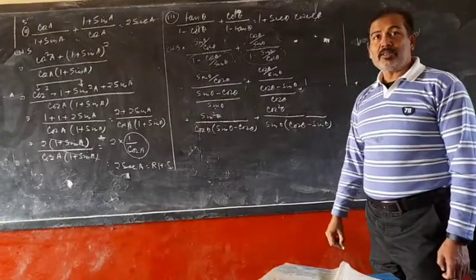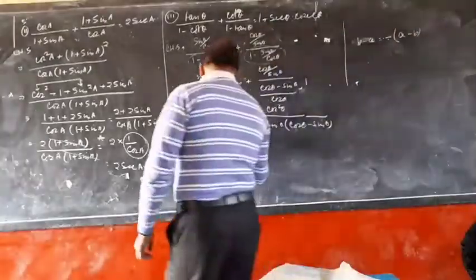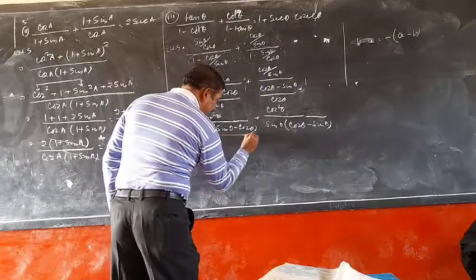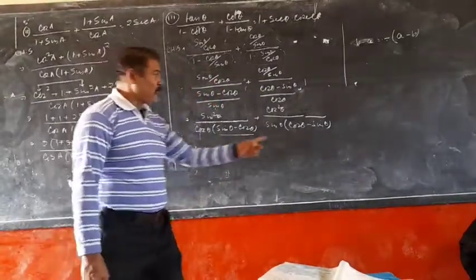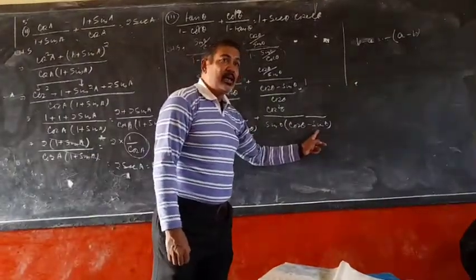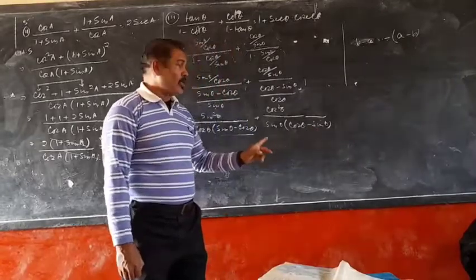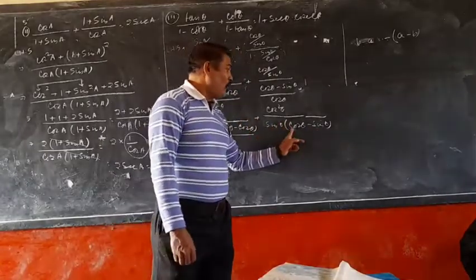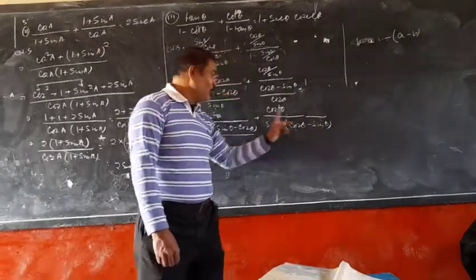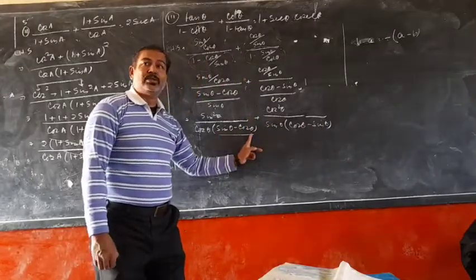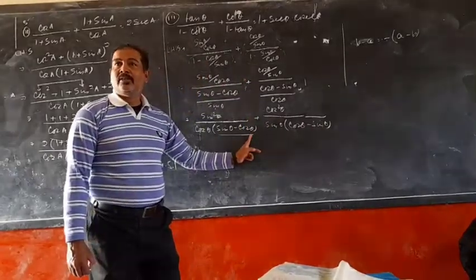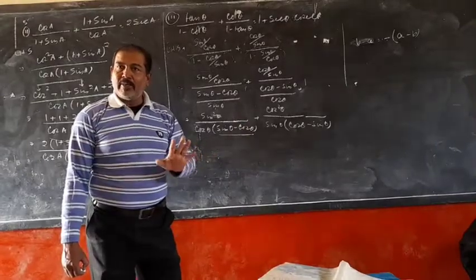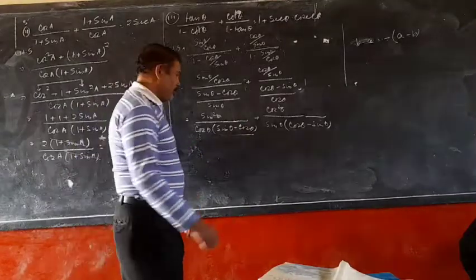Why have I explained this step? Because here you have sin theta minus cos theta and there is cos theta minus sin theta. Now if I ask how I can convert this cos theta minus sin theta into sin theta minus cos theta, what do I have to do? You have to take minus as a common.